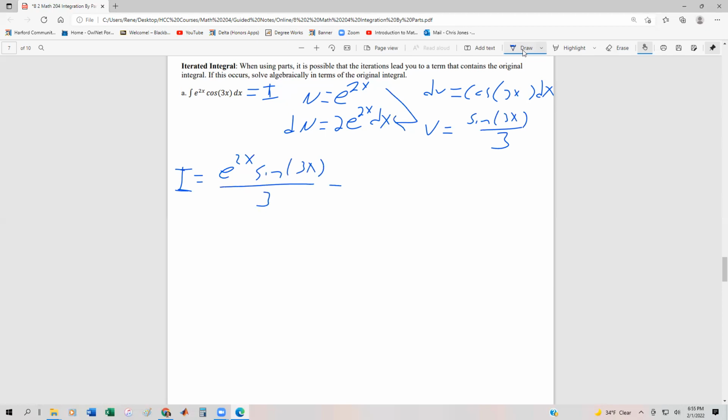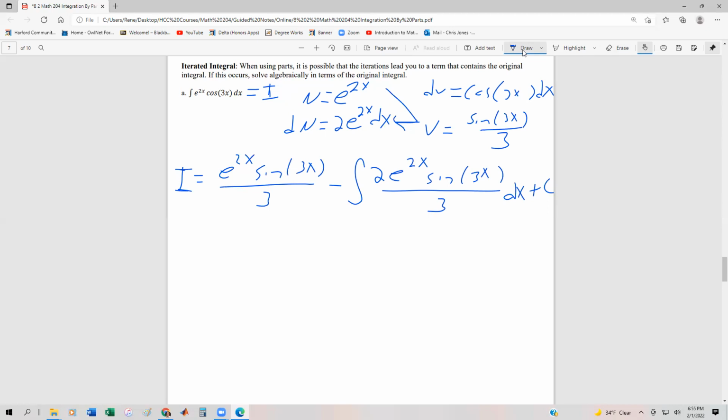Minus the integral of v du. So that's going to be 2e to the 2x sine 3x divided by 3, with a dx, and a plus c.